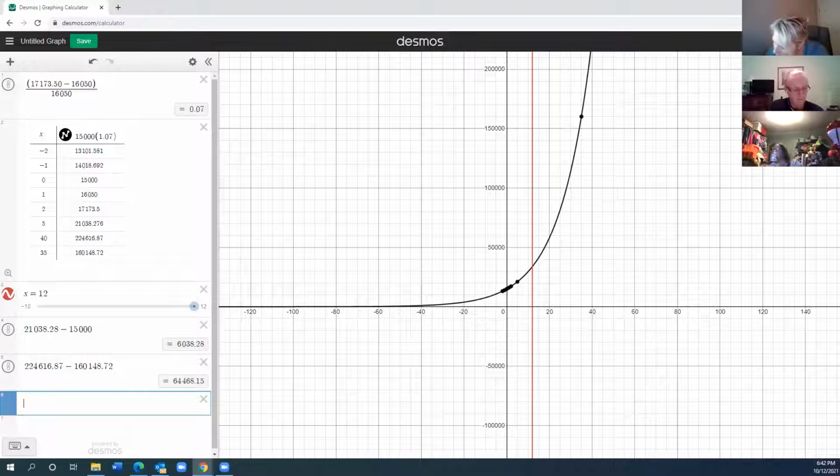And then number 13 says, describe what you can learn from comparing the answers 11 and 12. Also describe how that fits in with your answer to question 10. It verifies that you're definitely growing by more amount as time passes, right? The longer you wait, the more money grows.